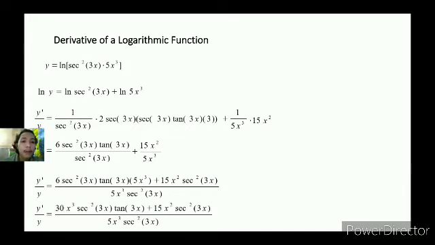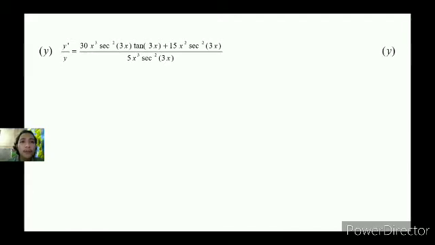We're just gonna simplify, and we'll now have y prime over y is equal to 30x cubed times secant squared 3x times tangent 3x plus 15x squared times secant squared 3x all over 5x cubed times secant squared 3x. So we need to cancel the y, so we will multiply both sides by y.